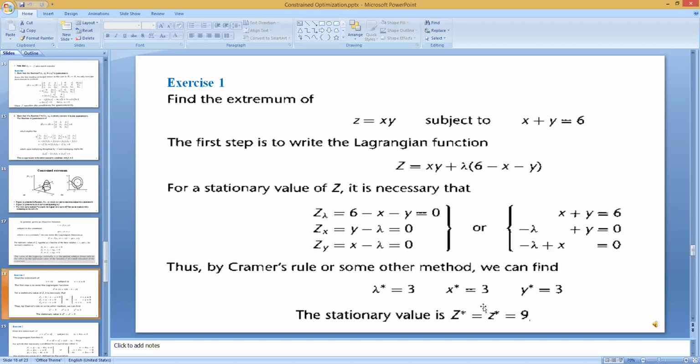Once we get lambda star, x star, y star, putting these values in the rewritten objective function, which accommodates both the objective function and the constraint, we can find out capital Z star. This Z star is equivalent to small z star, which is the basic objective function. So if I get the stationary value capital Z star, that is basically representing the original objective function Z star.